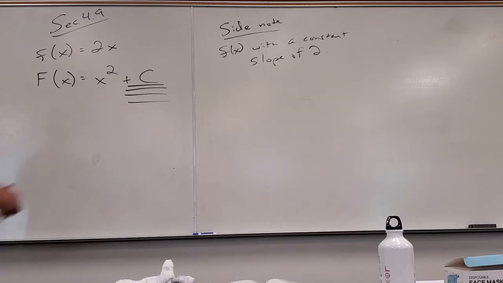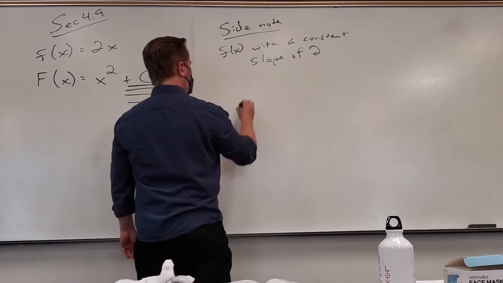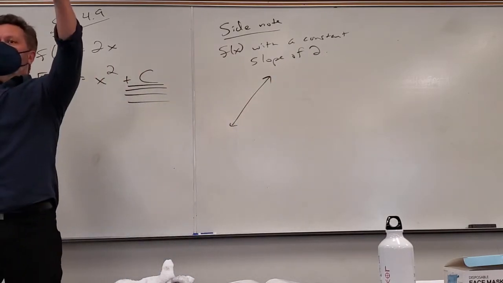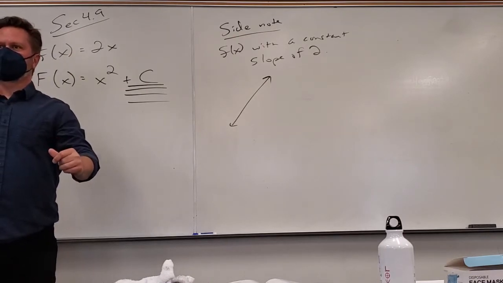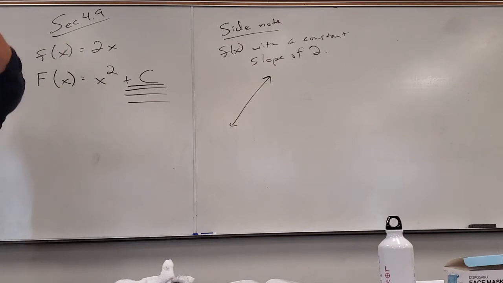Why not? So I know it would be like over 1 up 2, right? So I know it would be this. I just don't know where it is. Yes? So the derivative tells me the shape of the function, but without more information, I don't know where that shape sits. I don't know where plus or minus on the y-axis it is, yes?